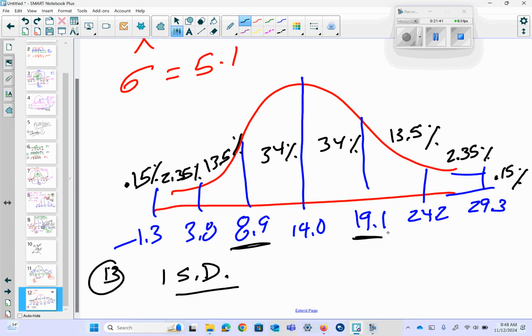All right, so how many did I count? There's 17 out of 22. 17 divided by 22 comes out to 77.3%.